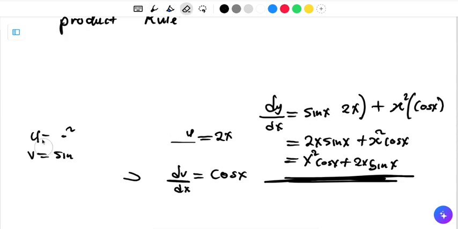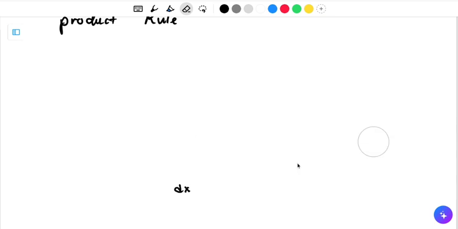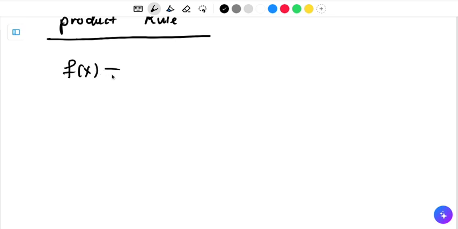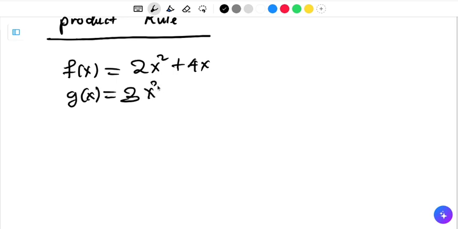So using numbers, let's say we have two functions. Let's say we have f of x being equal to 2x squared plus 4x. Then let's say g of x is equal to 3x squared.